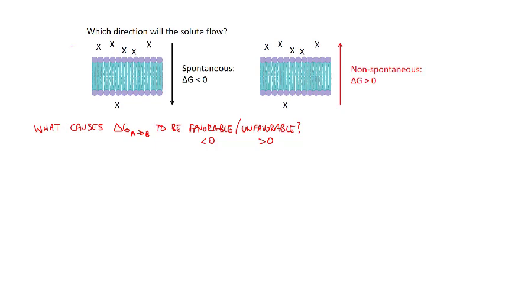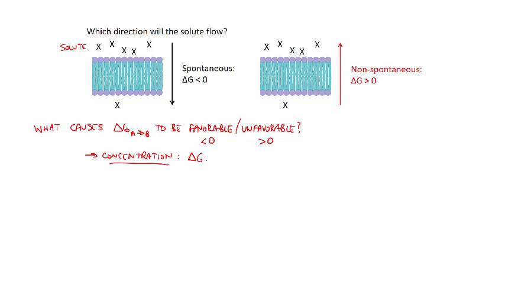Well, if X is our solute, and we have a higher concentration of X on one side of the bilayer than the other, X is going to tend to flow from the side where the concentration is high to the side where the concentration is low. So it would be non-spontaneous, therefore, for X to go the opposite direction. So the most important factor in deciding which direction a solute will flow spontaneously is concentration.